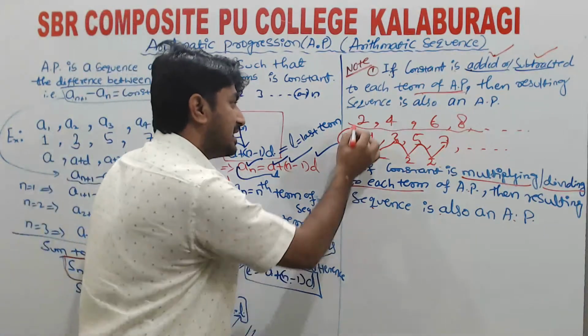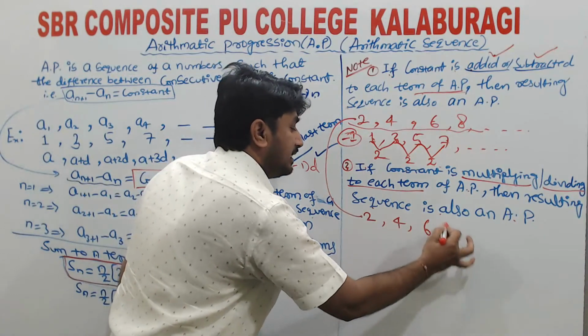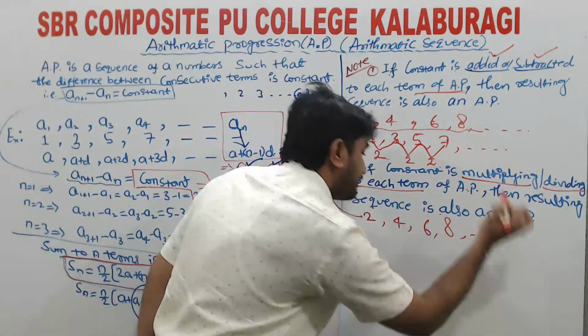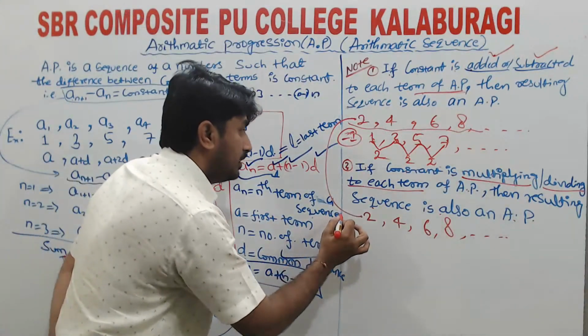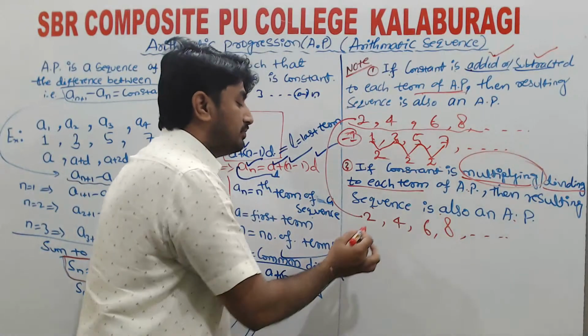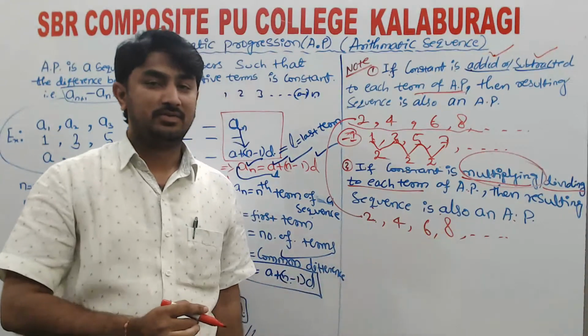Suppose I take the same example here, 2, 4, 6, 8, and so on. First I am multiplying a constant to the example of the even number sequence.